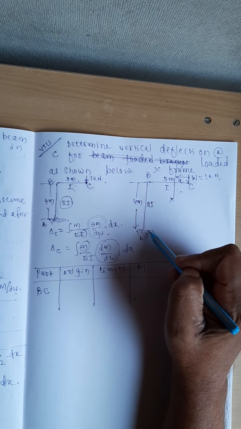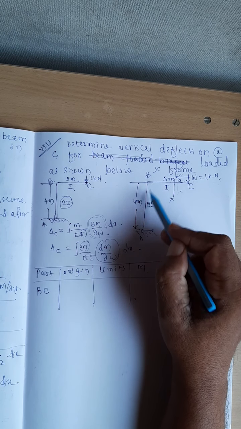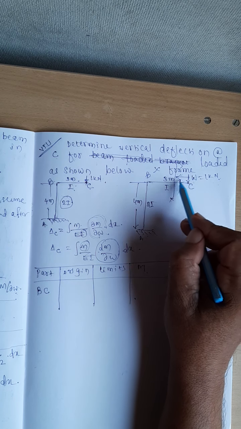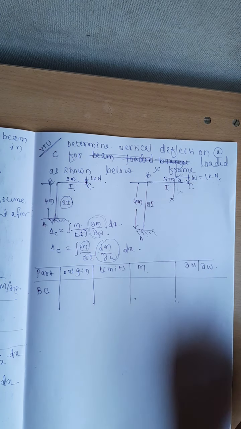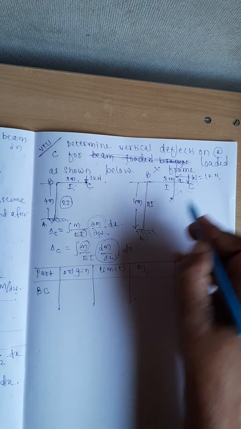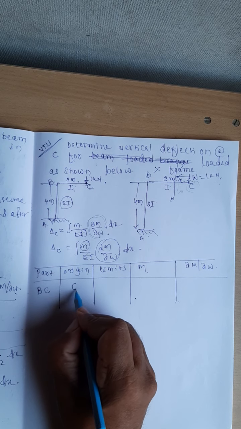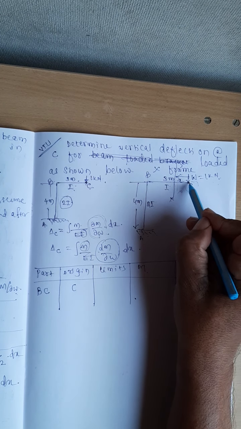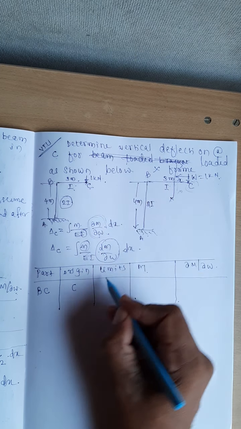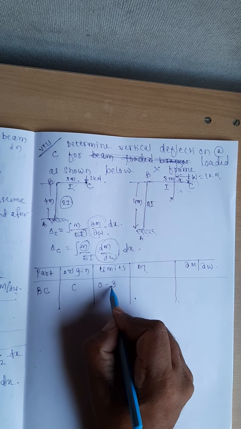We don't know the reactions here. On the right part only one concentrated load is there. That is why it is better to take the right part for the calculation. Therefore, I am taking origin as C. Limits are from here to here. X equal to 0 at C and X equal to 3 at B. Therefore, the limits are 0 to 3.